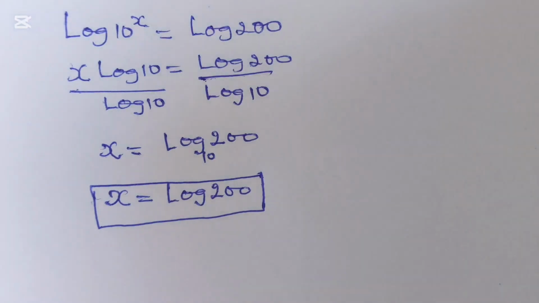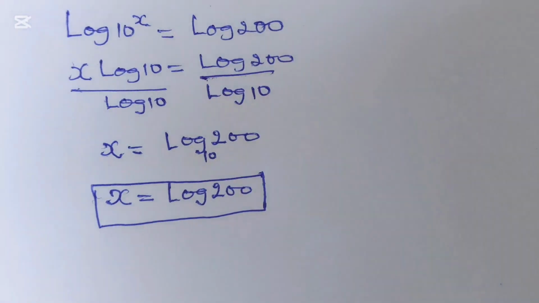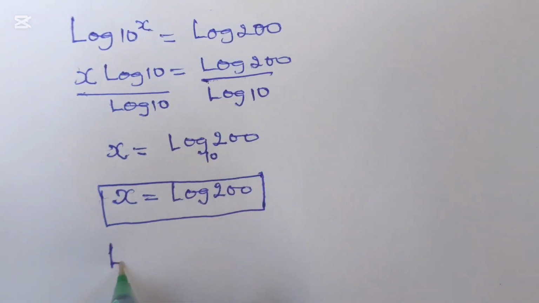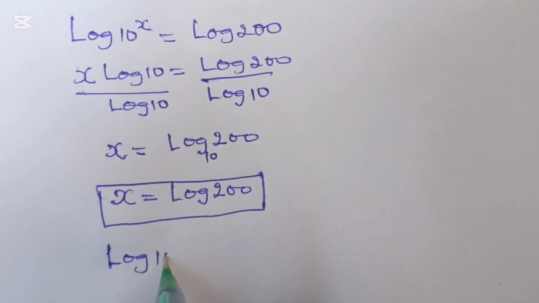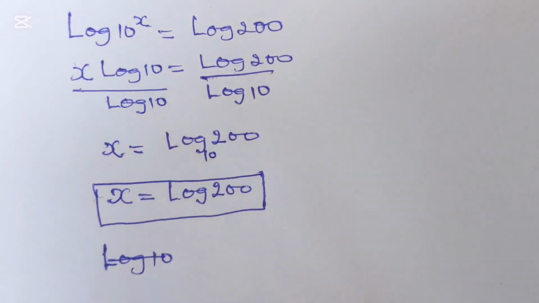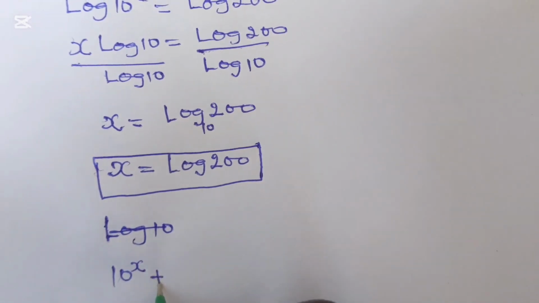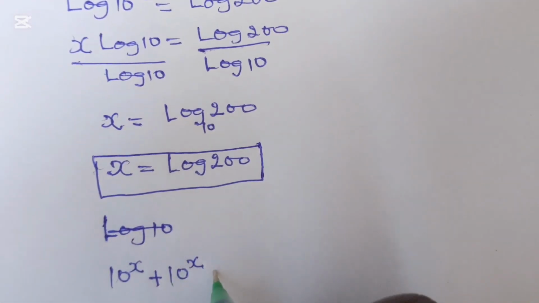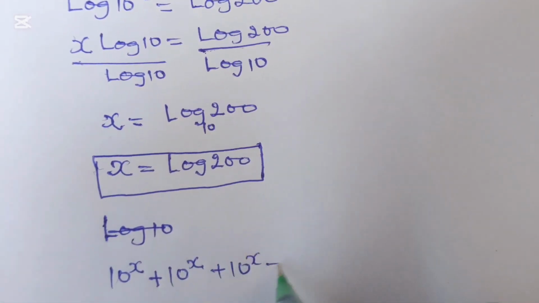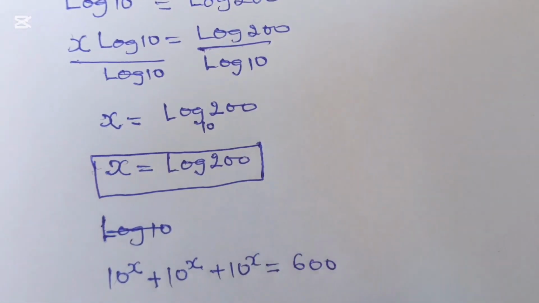Now here we can check if our answer is correct. Here we have given 10 power x plus 10 power x plus 10 power x, which equals 600.